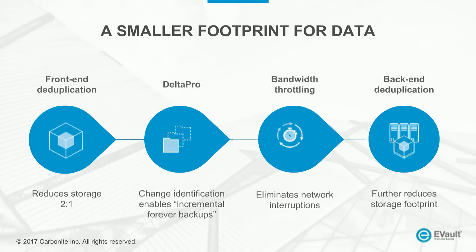Lastly, the vault, which is the target where all the agents send their data, is going to perform additional maintenance, additional deduplication, along with replication to another vault so that you have no single point of failure. But it's going to continue to keep that back-end footprint as efficient as possible by getting rid of the older retentions, reclaiming any duplicate data, that kind of thing, again, so that your budget doesn't have to go crazy trying to pick up a backup and disaster recovery solution.